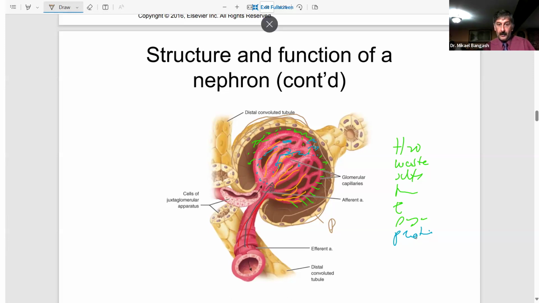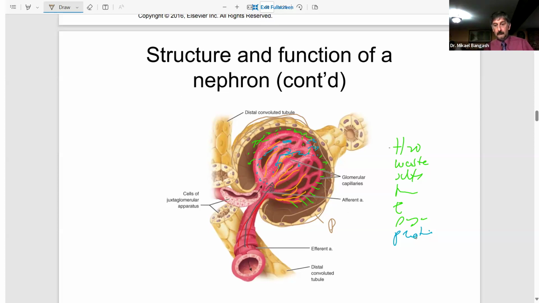And after which, whatever substance was filtered out from the glomerulus, we could call it filtrate, or we can call it glomerular filtrate. And what is that going to be made up of?